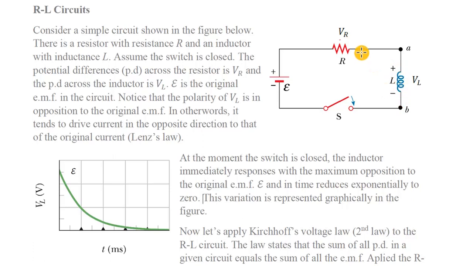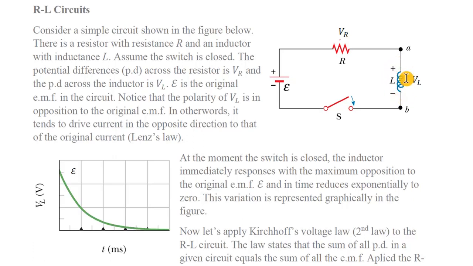Immediately the current changes, for example, if it changes from 0 to a certain value or from a certain value to 0, then the inductor will provide a counter voltage to oppose the current that is changing it. In other words, it will say, no, I will not allow you to change.